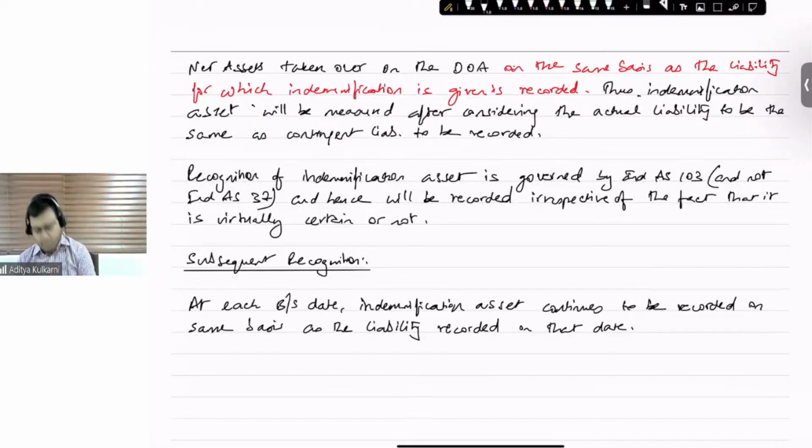Okay. So fairly simple. Khali asset liability you will have to record, difference will go to goodwill or capital reserve. If you don't record these two things in your business combination, then there is a chance that your goodwill or capital reserve that will be calculated is going to go incorrect.